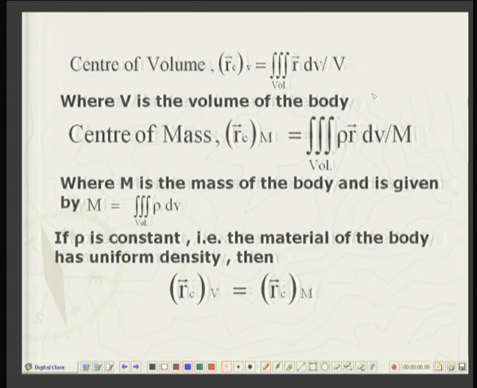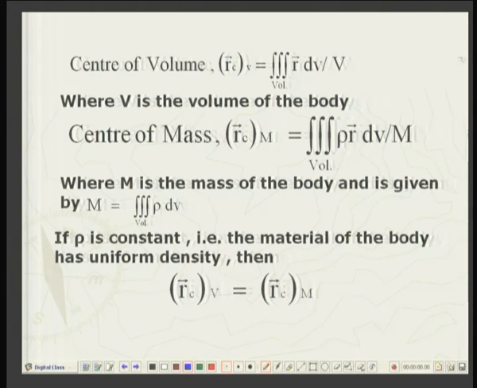Now, this is for volume. You know that volume times the mass density gives you the mass. So, here we have the center of mass, with position vector r_cm.